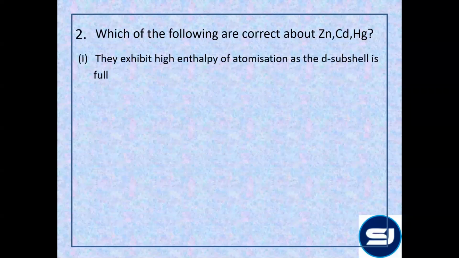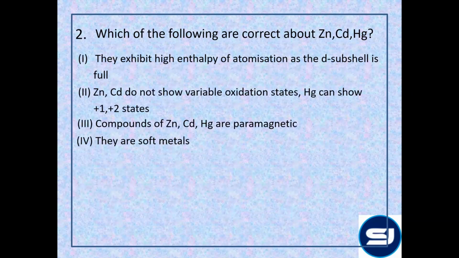Which of the following are correct about zinc, cadmium, mercury? Statements are given. Let's see. They exhibit high enthalpy of atomization as the D subshell is full. True or false? False.